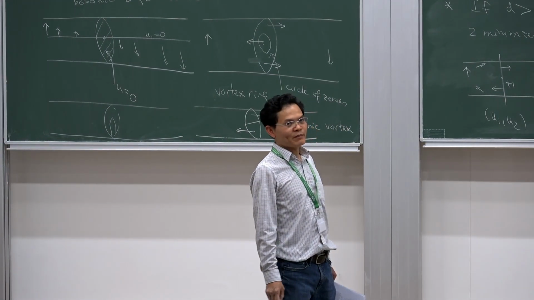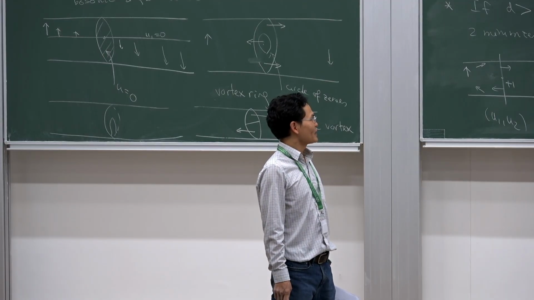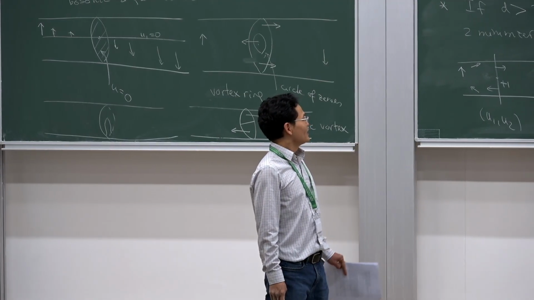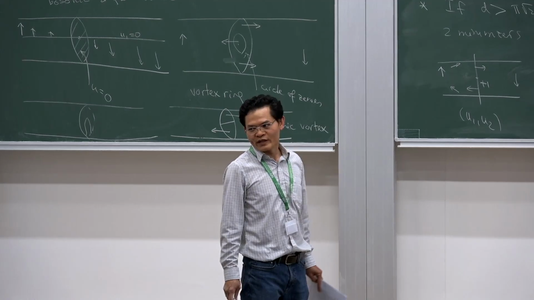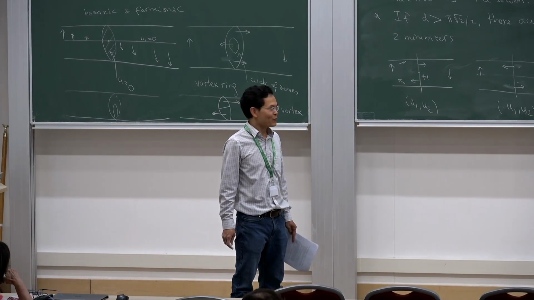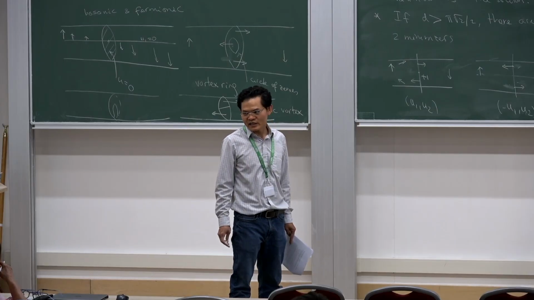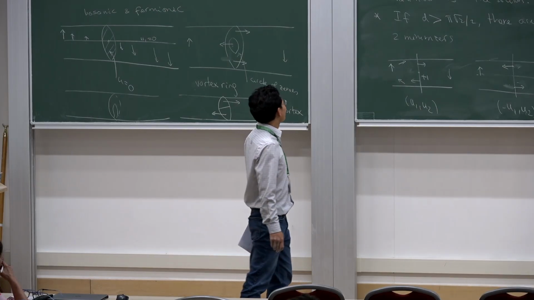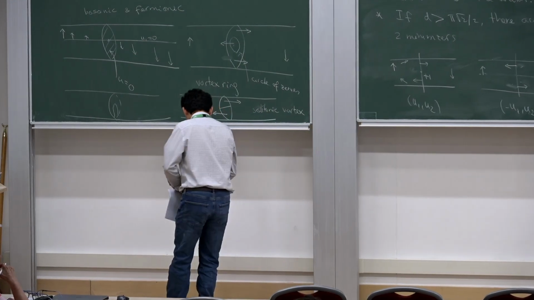So I have around 10 minutes. What I'd like to talk about now is what we do with our imparity condition. We will keep the imparity because that's what physics tells us we should keep. The question is, what can we say without imparity?